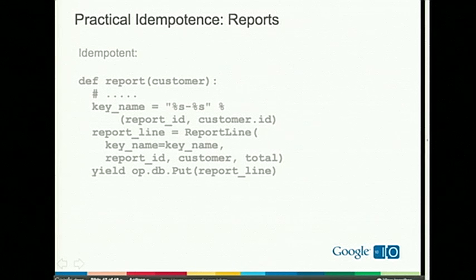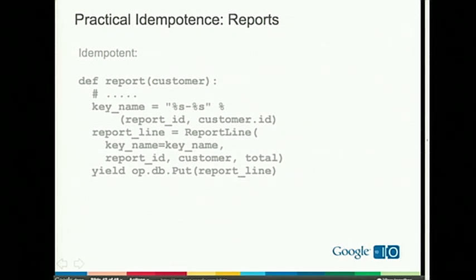But it's really easy to create an idempotent version. You have to specify unique key names for report lines. For example, build it from the report ID and customer ID, and the data store will make sure that you do not have double report lines for the same operation. What will actually happen if you process your customer twice is that you will try to put it once again, and it will fail.